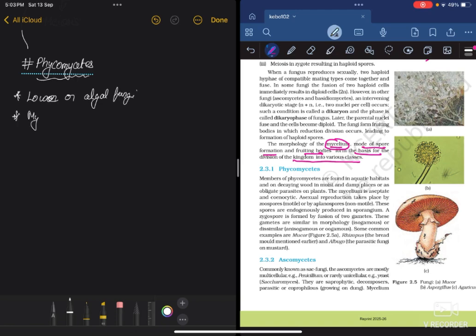The mycelium here is aseptate and coenocytic.